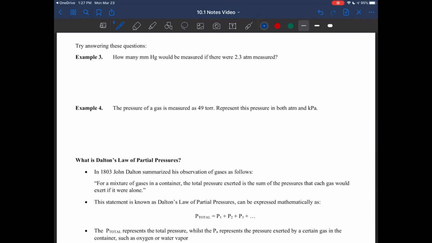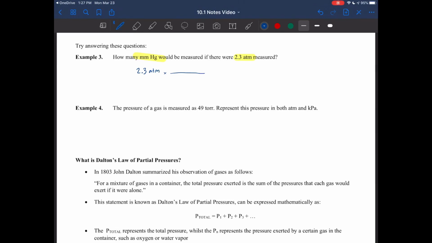So how many millimeters of mercury would be measured if there were 2.3 atmospheres measured? Okay, so we are given a measurement. What would we do first? We would write it down first, 2.3 ATM. And then we have to use a conversion factor and think about how to cancel this out to get to what we want.